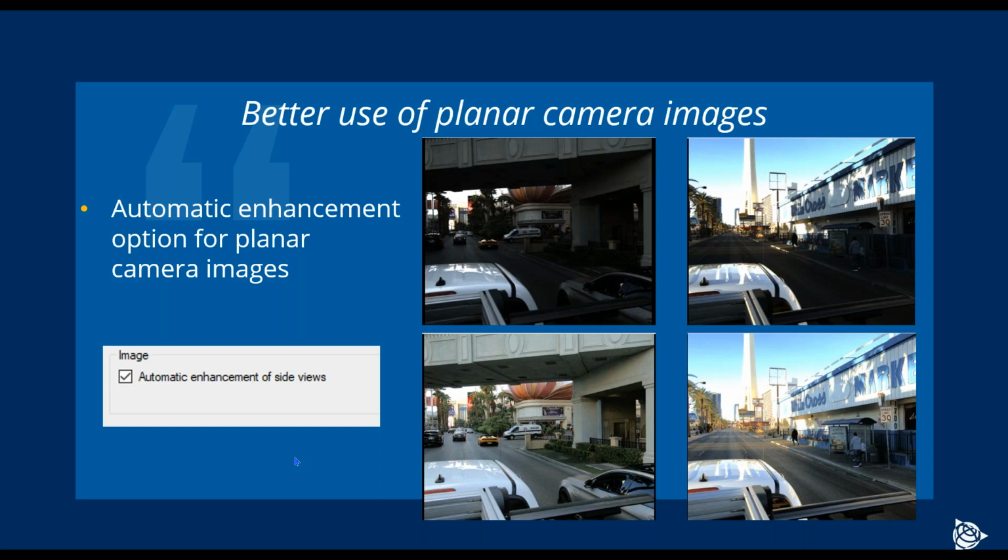On the bottom part of the slide, you can see how the same picture is visualized with the recent enhancement that has been implemented. So better visualization means more data delivered out of imagery, and better inspection and orientation in the mobile mapping mission.